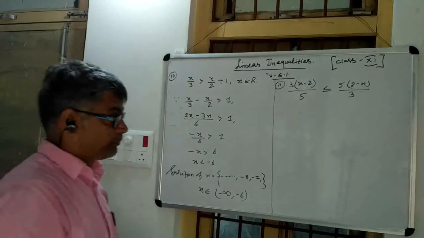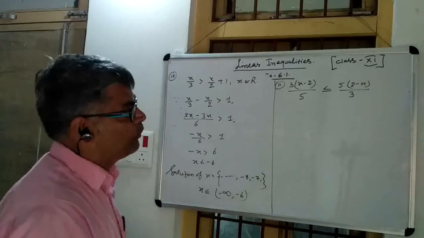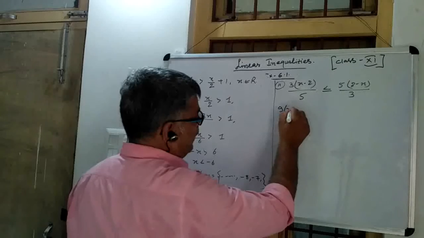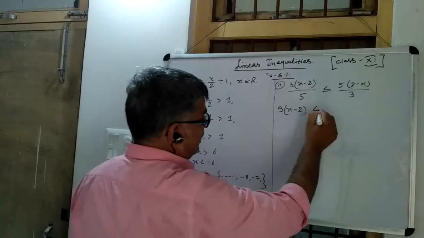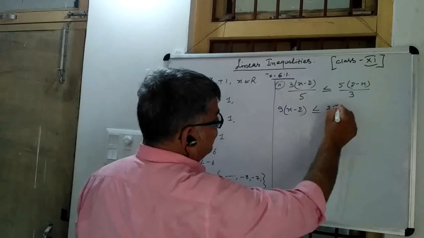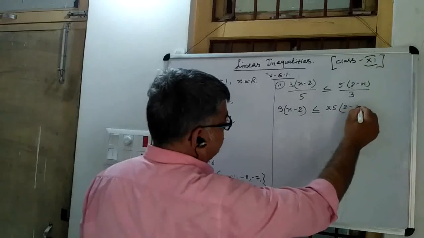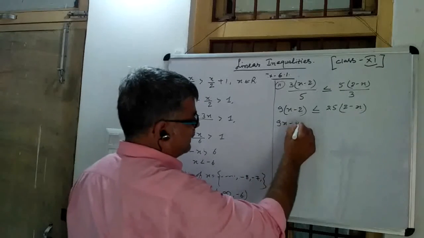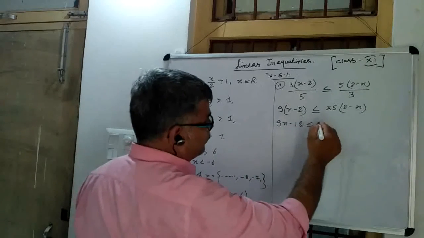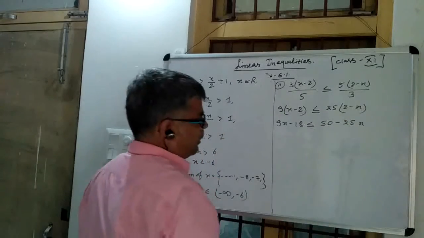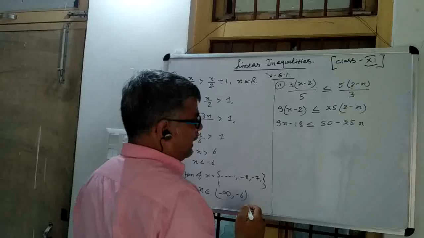So in this term, first you do cross multiplication, so it will become 9 into x minus 2 less than or equal to 5 fives are 25 into 2 minus x. Now simplify this. 9x minus 18 is less than or equal to 50 minus 25x. So bring the variable to the LHS part.